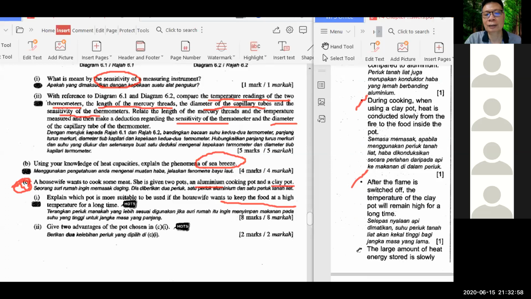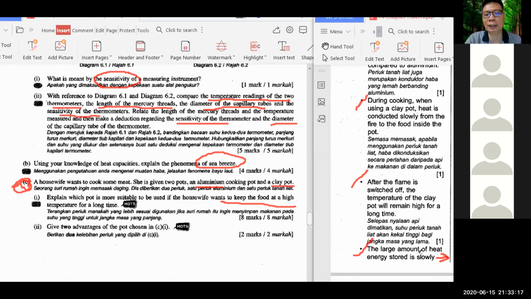And then large amount of heat energy stored is slowly transferred from the clay pot to the food inside. I have to move on here. Finish? This one continues to the next one. After the flame is switched off, the temperature of the clay pot remains high.